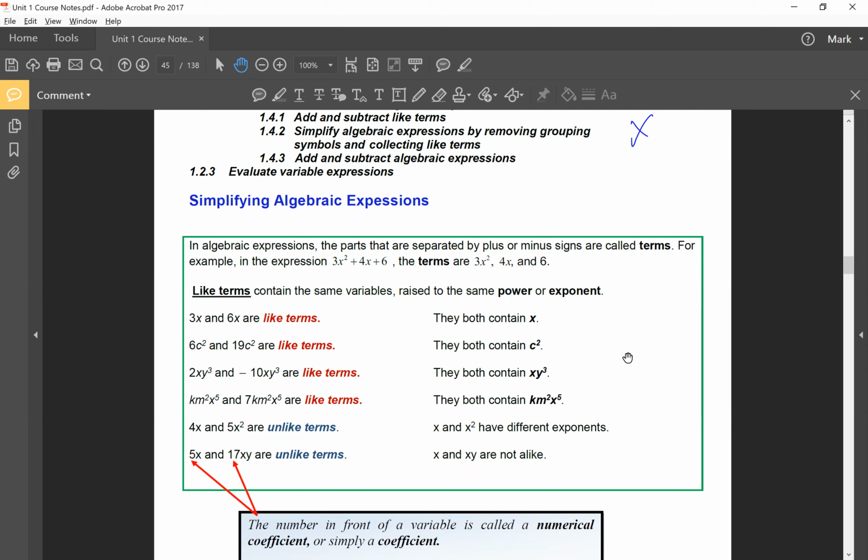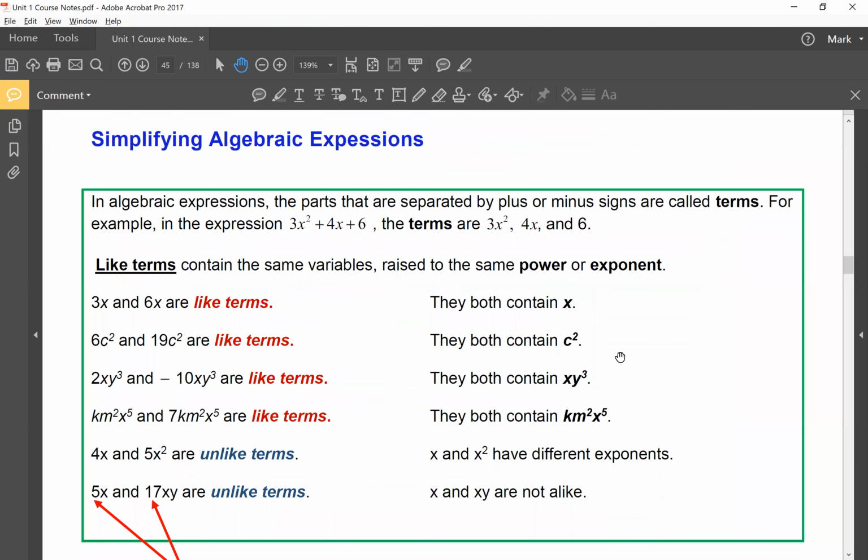By algebraic expression I mean a group of numbers and letters. It's different than an equation: there's no equal sign, it's just a group of numbers and letters. The numbers we call coefficients, the letters we call variables, and the terms are separated by plus or minus.